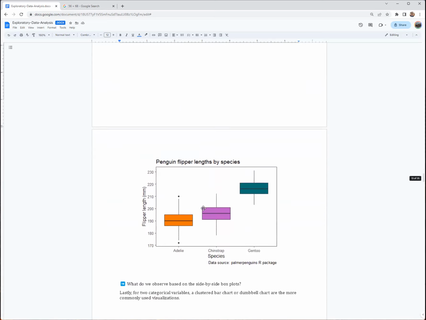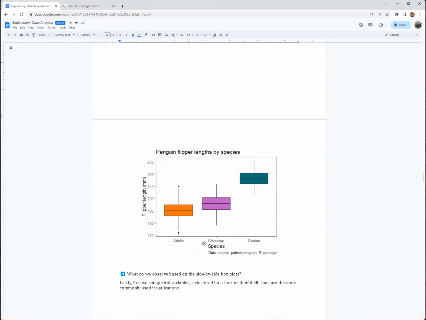For one categorical variable, species in this case, and one quantitative, a common visualization is side-by-side box plots.